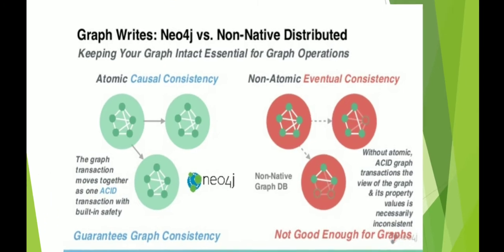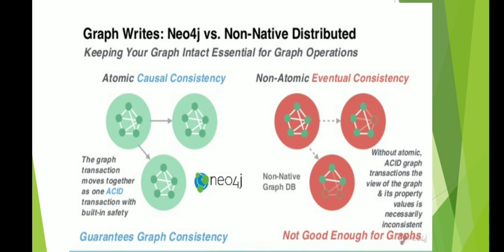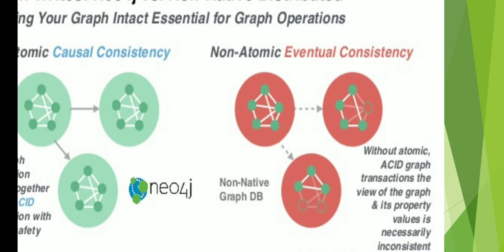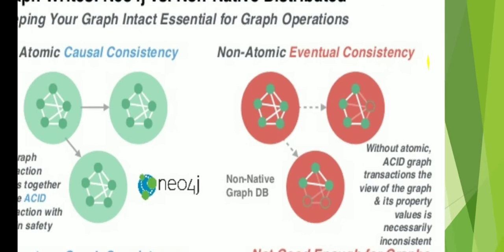When you take some non-native graph databases, you could see that they don't have atomicity, they are non-atomic, so they are eventually consistent. Here, if any node fails, or if any 2 nodes fail, as you could see in the picture, it won't be communicating with the other nodes, so your data will not be consistent all the time.